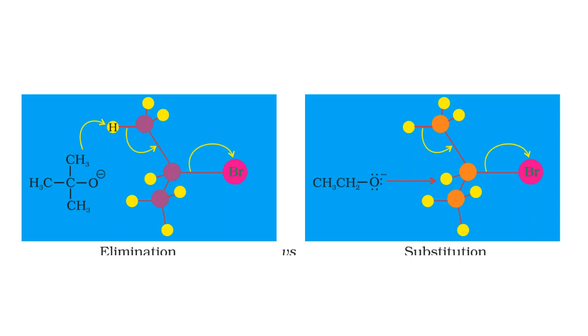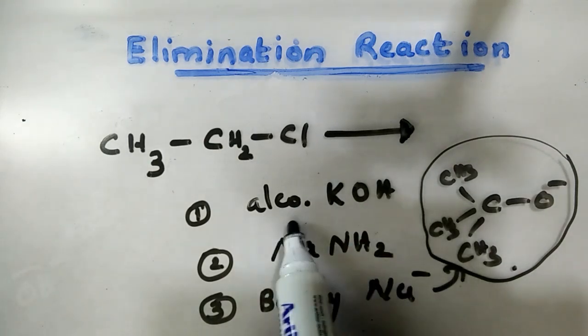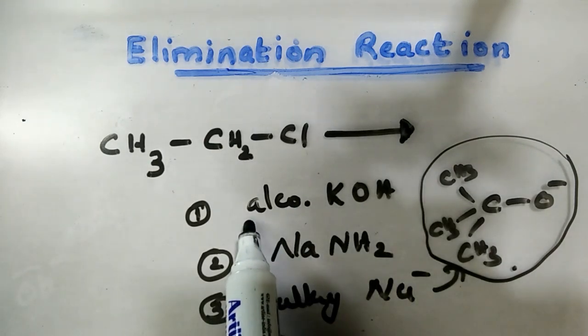In the first case, a bulky nucleophile is coming, so it undergoes elimination reaction. But in the second case, CH3CH2O- is not a bulky group, so it undergoes nucleophilic substitution reaction. But if you are having simple KOH or NaOH, it will follow nucleophilic substitution reaction.